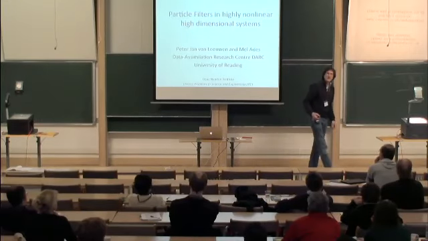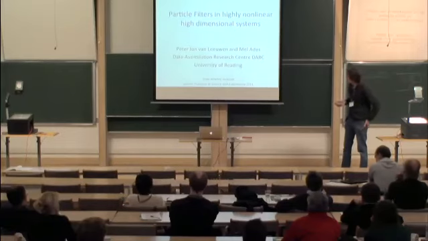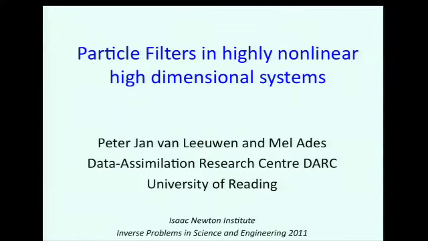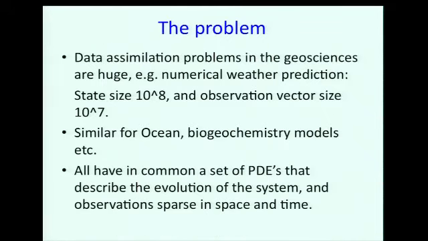Sorry about that. So my name is Jan van Leeuwen, University of Reading, and I'd like to talk about particle filters. To some extent, this is not really an inverse problem, but I think it's interesting to see what happens here. The problem I'm working on is typically really large-scale problems in the geosciences.